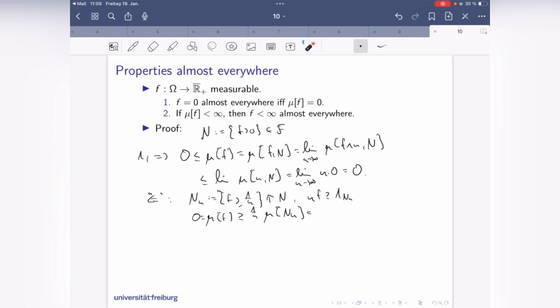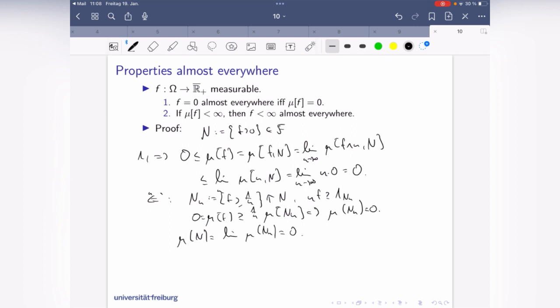That only works if N_n has measure 0. Mu of N_n is 0. And so I can conclude by subadditivity, mu of N is the union of the N_n's, the limit of mu of N_n's. All of these have measure 0, so the limit is also 0. That was the first claim.